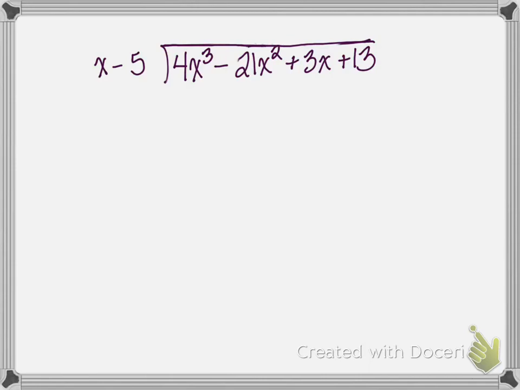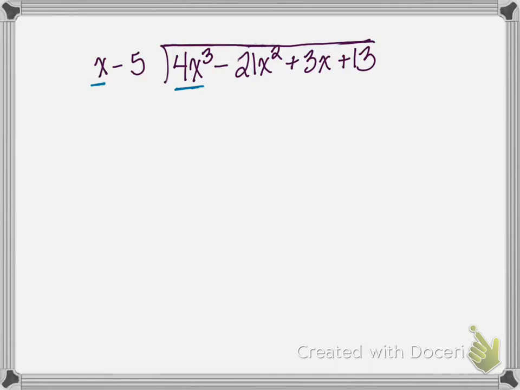So here we've got x minus 5, and we are dividing that into 4x to the third minus 21x squared plus 3x plus 13. So what I'm going to do now is look at this x and this 4x to the third, and ask myself, what do I multiply x by to get 4x to the third?